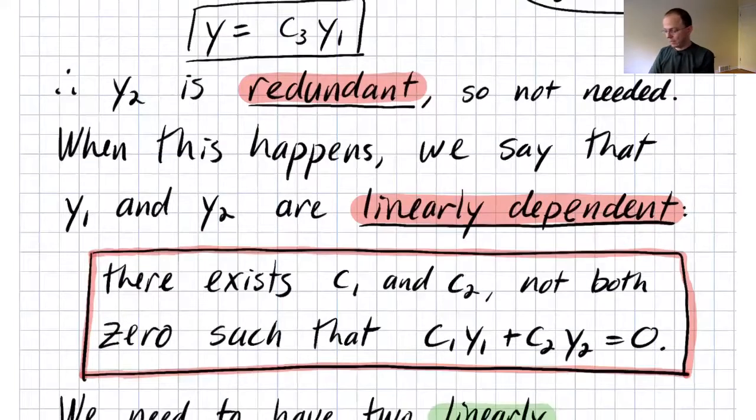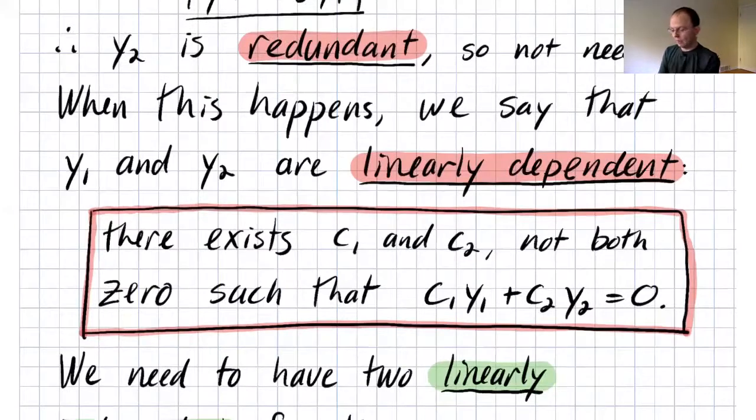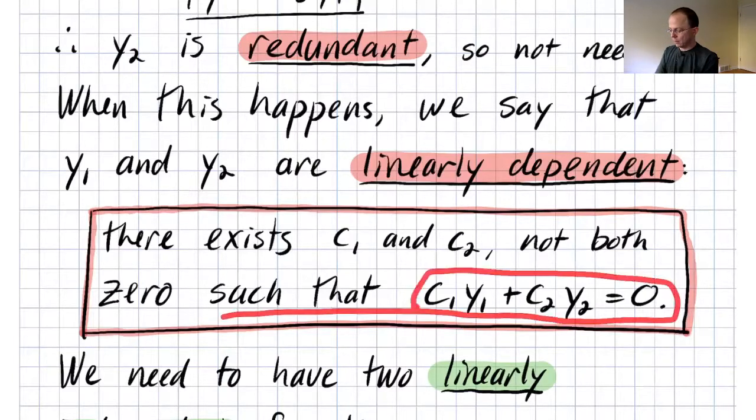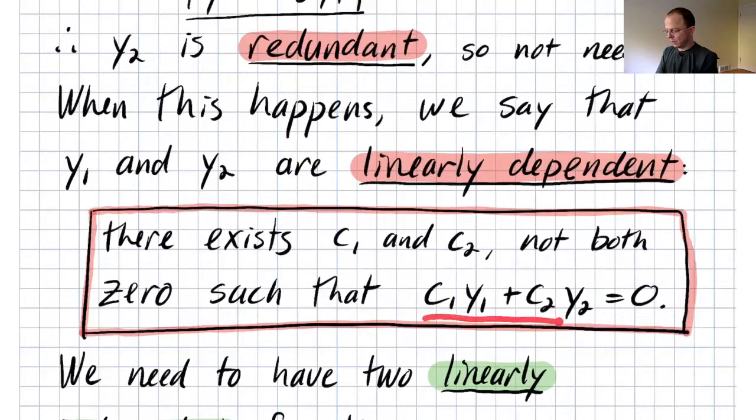And the test for this is to see if there exist C1 and C2 not both 0, such that this linear combination is equal to 0. So that's just a general way to check if we have this redundancy amongst our functions.